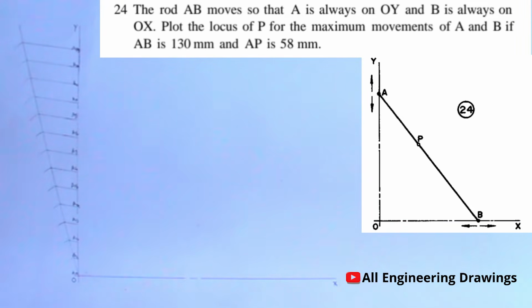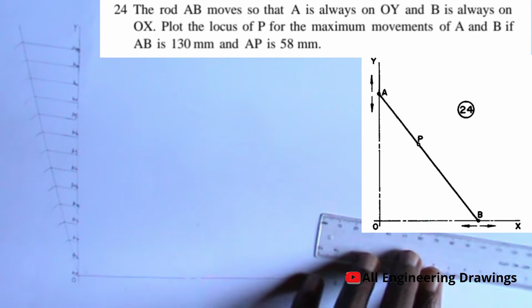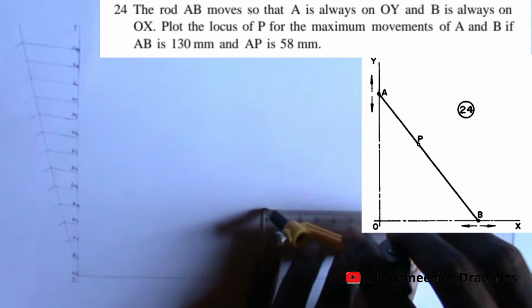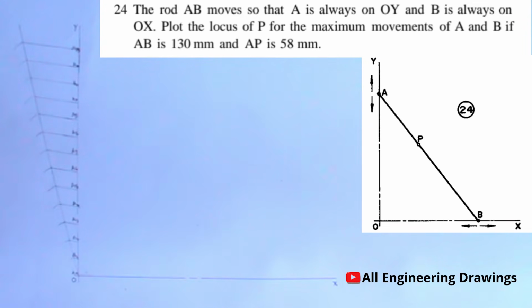Next, you have to adjust your compass to a radius of 130 millimeter. This is because the question says AB is 130 millimeter. After adjusting the compass to 130 millimeter, you place your compass on point A0.